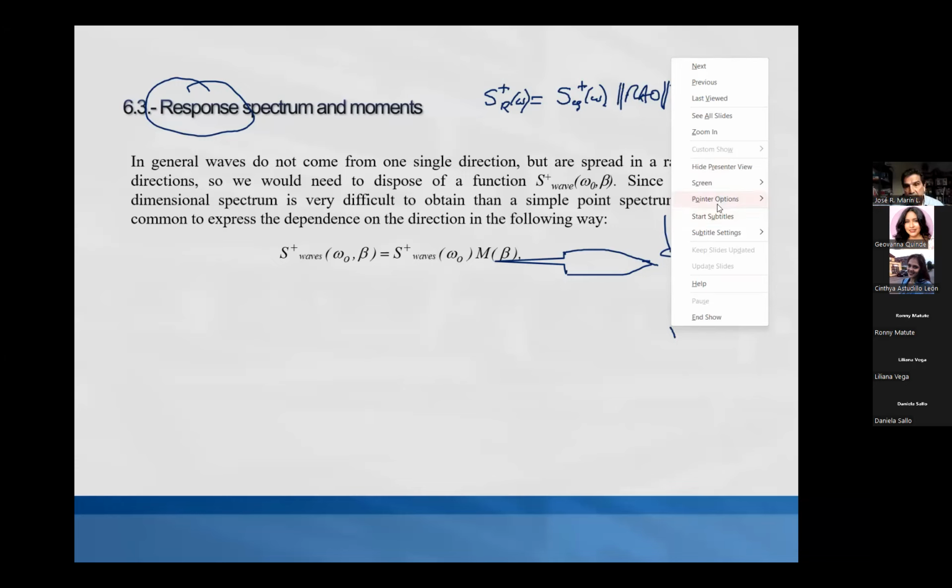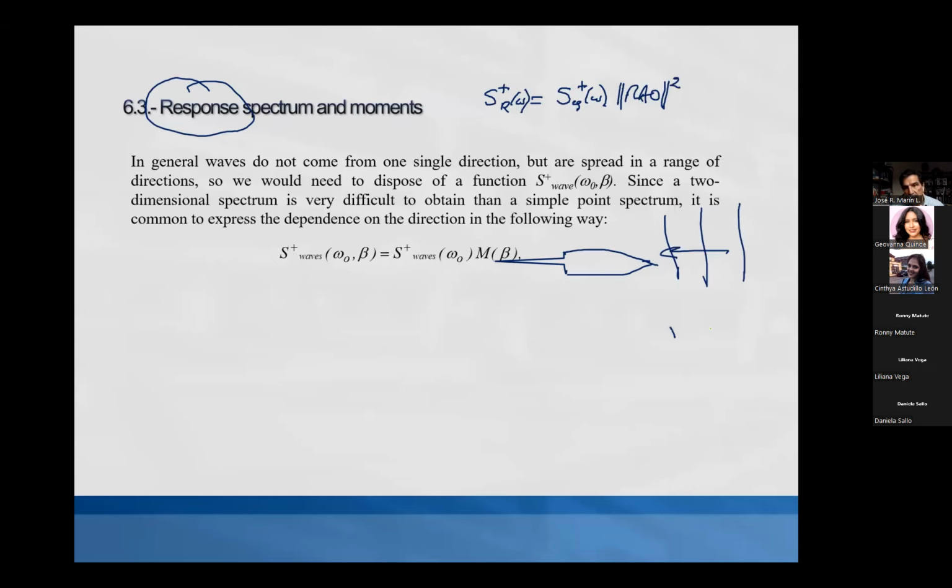So what we can expect is that we could have waves coming from this direction, but also some waves coming from another direction, for example. And in general, there could be a continuous distribution. So the ship moves in one direction, but receives the waves from many directions.